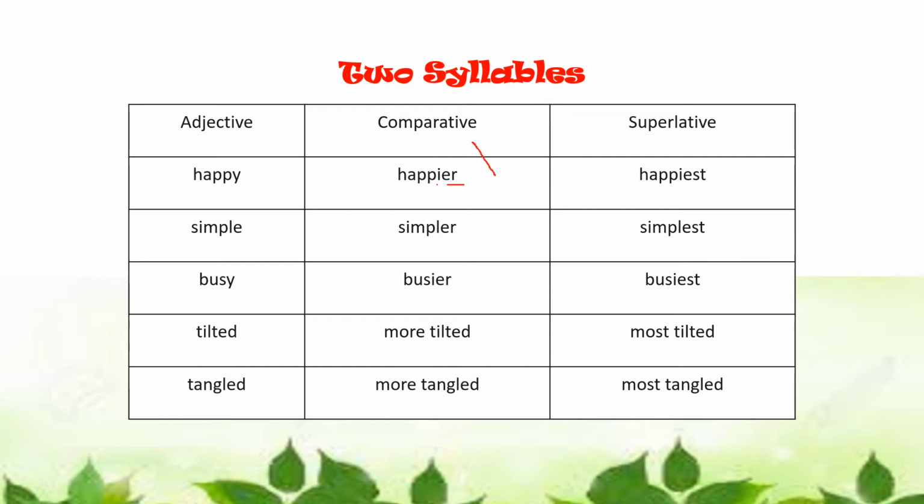We change y to i and add er for comparative, and then we change the y to i and add est to make it superlative. So we have here simple, simpler, simplest, busy, busier, busiest, tilted, more tilted, most tilted, tangled, more tangled, most tangled.